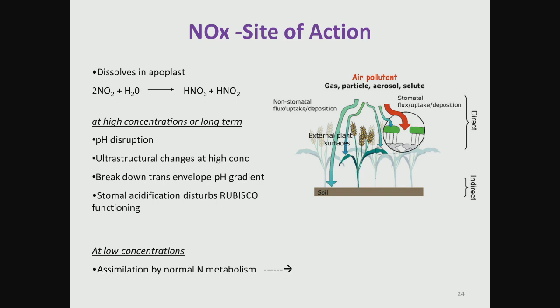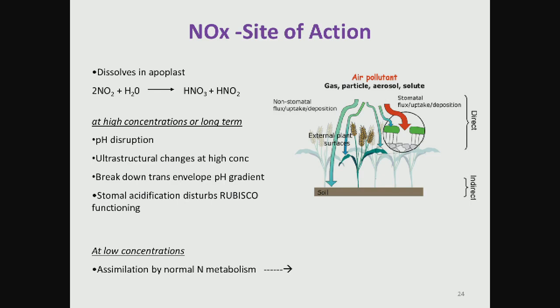So that's high concentrations and long term. And remember what I said right at the beginning, the problem with air pollution is it's long term. So you might think that plant is quite happy to begin with, but over the years or over the seasons, gradually these pH changes, ultrastructural changes will accumulate. It might not be an obvious visible injury, but there might be growth reduction.